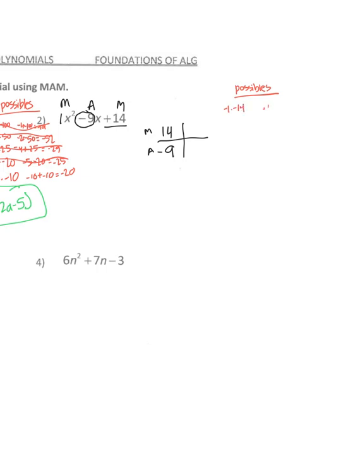If I add those together, I get negative 15. Not that one. Negative 2 times negative 7. Negative 2 plus negative 7 gives me negative 9. So those are the ones I'm looking for, negative 2 and negative 7.